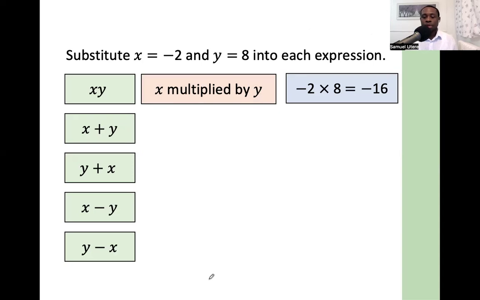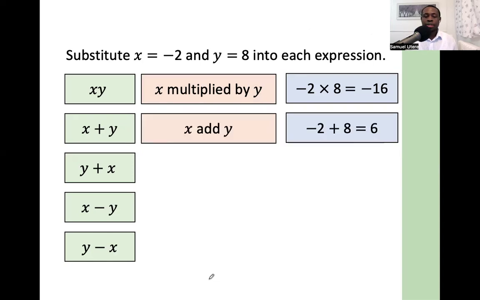Assuming you've paused the video and you've tried answering the questions, here are the answers. X add y would be -2 add 8. So x is -2 and y is 8. So it will be -2 add 8, which is 6.